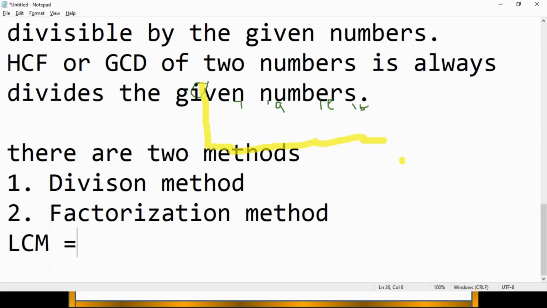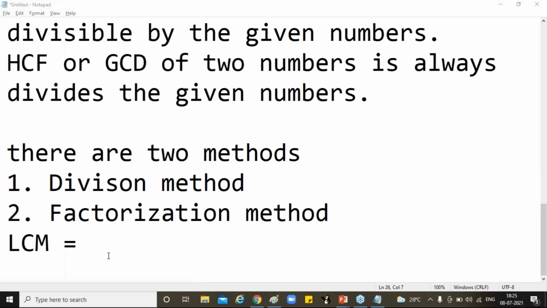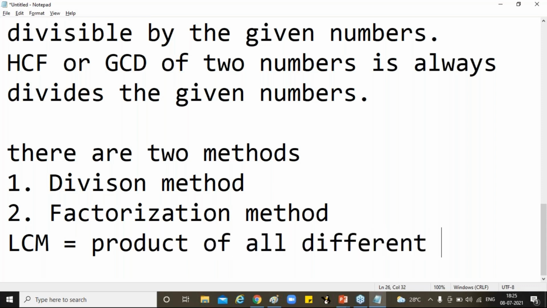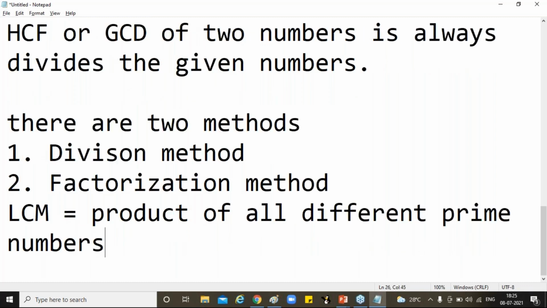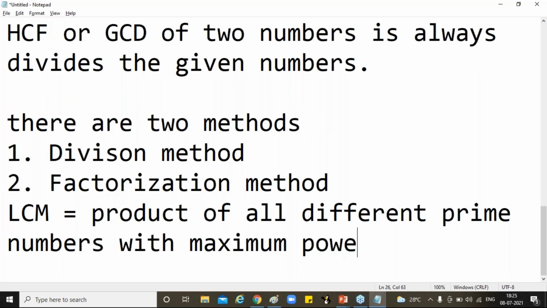LCM of the given numbers is equal to the product of all different prime numbers with maximum power.